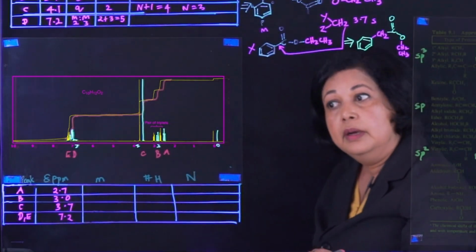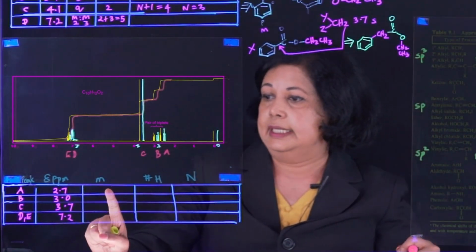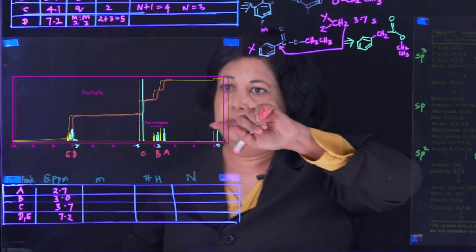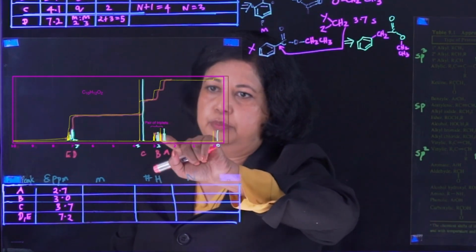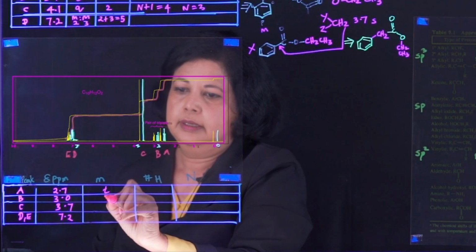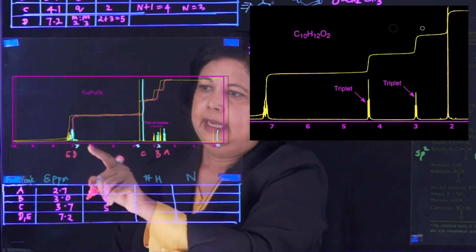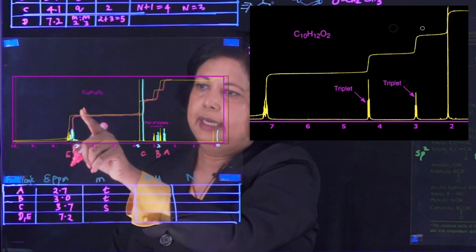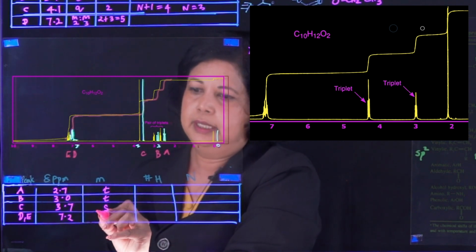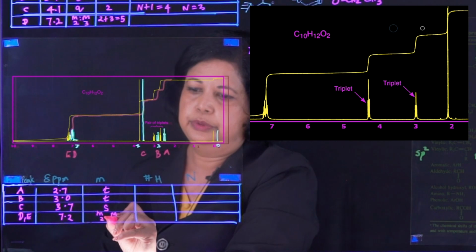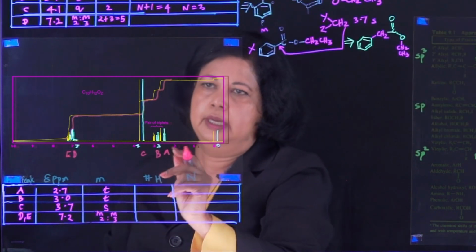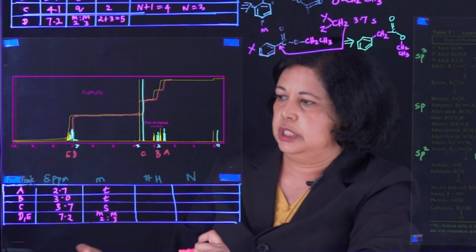Okay, so let's look at this and see how we can figure it out from the multiplicity. Triplet, triplet, singlet, and here this is more like a 2 to 3 here. Multiplet, multiplet, 2 to 3, and we saw that before. Let's look at the number of hydrogens here.